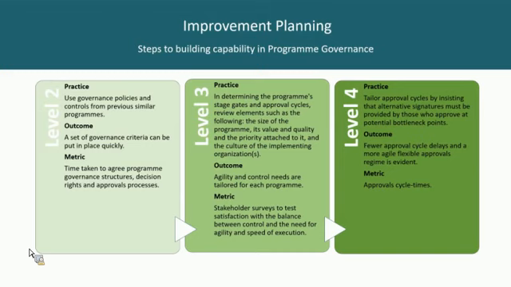And we're moving from the time taken to agree program structures and decision rights and approval processes, which, as we know, is often a huge consumption of time in organizations. Delaying projects is simply getting the meetings in place to say, well, who owns what and when. By the time we get to level 4, we're looking at the cycle times on approvals. That's where we want to get people to get them away from the build stage to the actual execution stage.